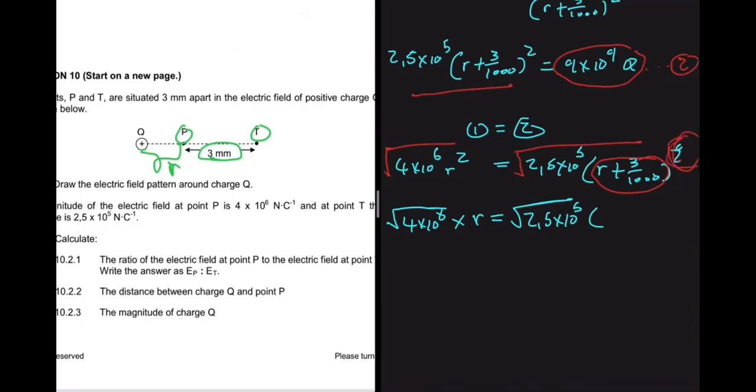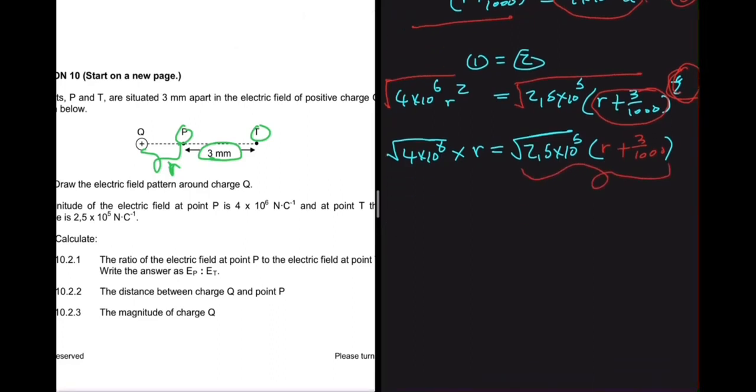Because we're taking the square root. So we're just going to have r plus 3 divided by 1,000. And then we don't have the square root anymore, right? So now we're gonna multiply out the right hand side. After we multiply out the right hand side, we're just going to solve for r. So let me show you what I'm talking about.